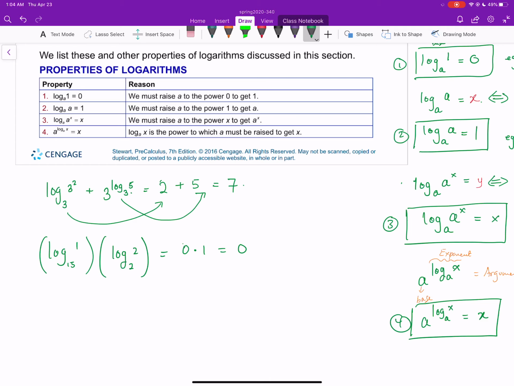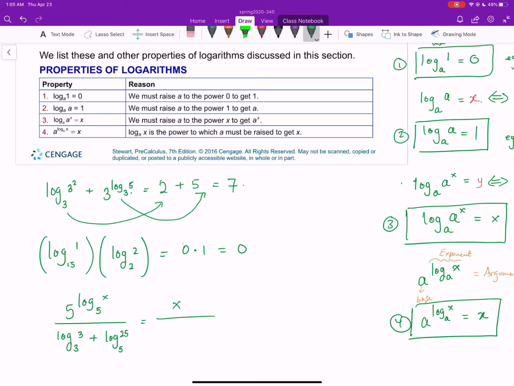Okay. If I look at the next example, let's say I gave you 5 to the log 5 of x over log 3 of 3 plus log 5 of 25. So the numerator looks like property number 4, so the outcome is going to be x.